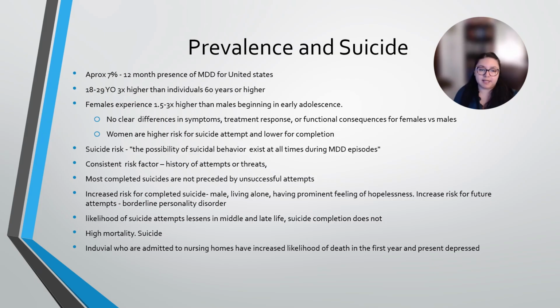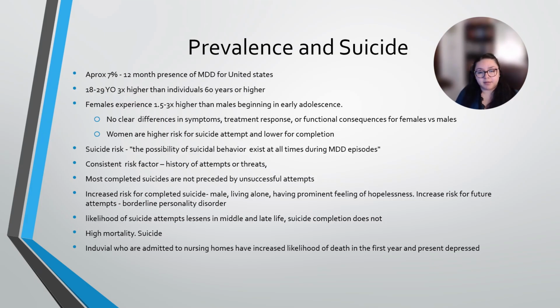Prevalence and suicide. So here we have some information on prevalence. About 7% of the population in the United States experience, in the last 12 months, the presence of major depressive disorder. 18 to 29-year-olds are about 3 times higher than someone who's 60 years or older. And then females experience 1.5 to 3 times higher than males beginning in early adolescence.